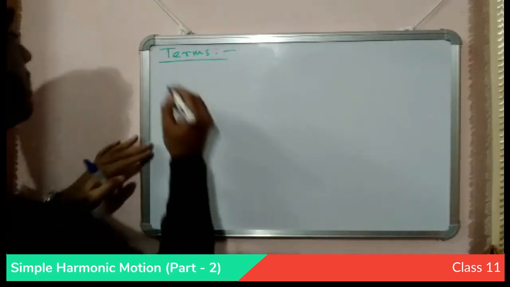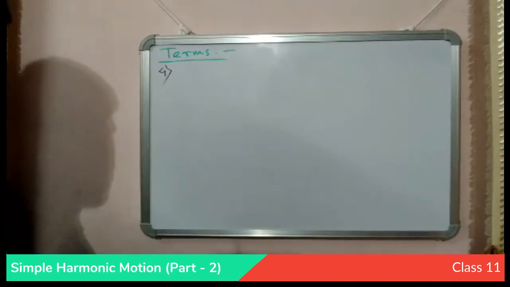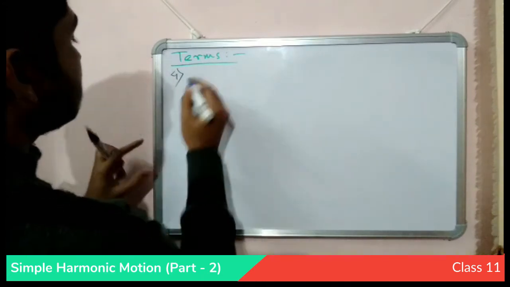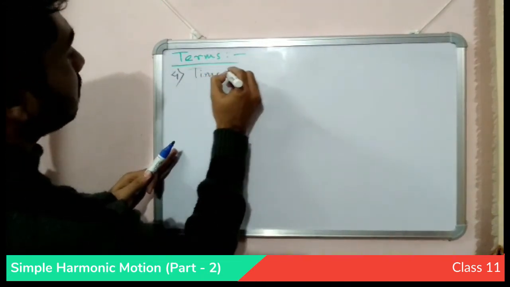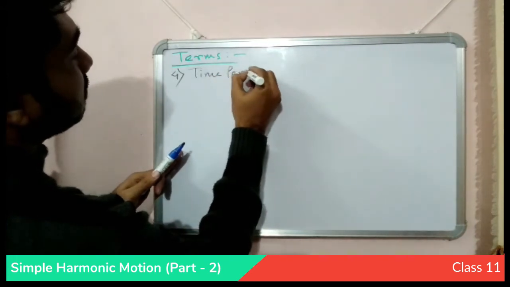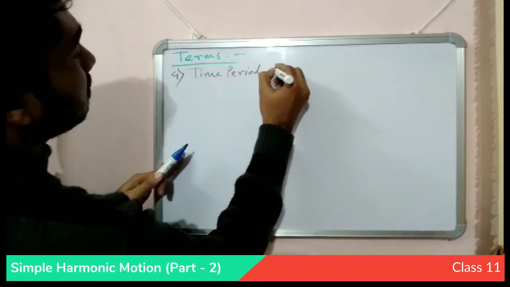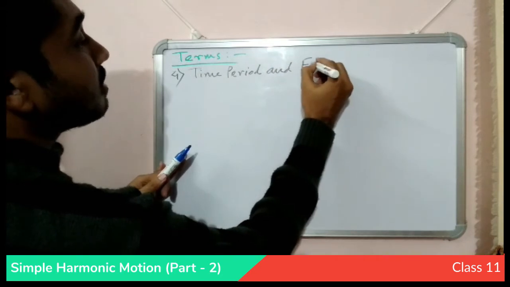Our next term, number 4, is time period and frequency.